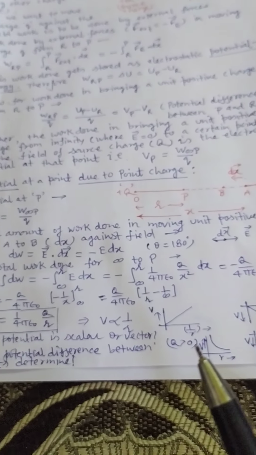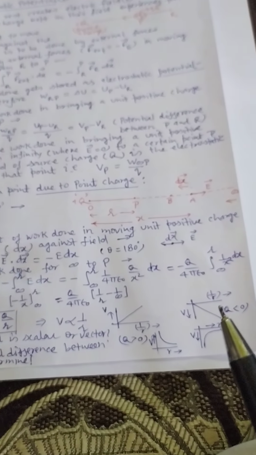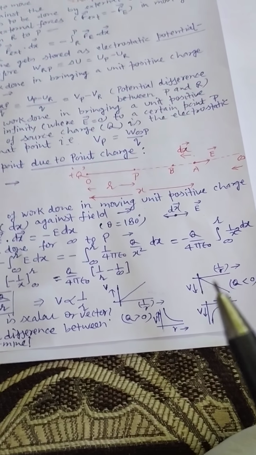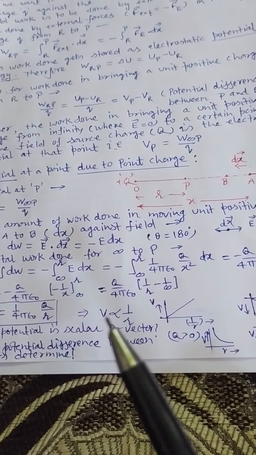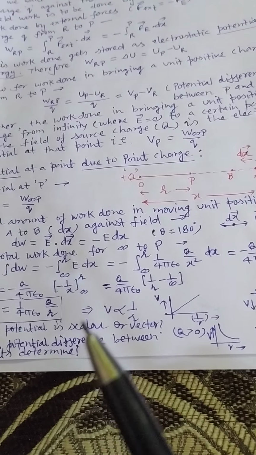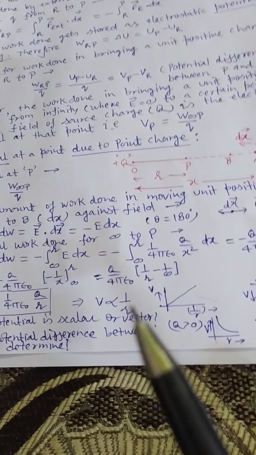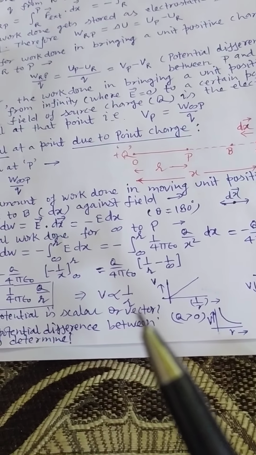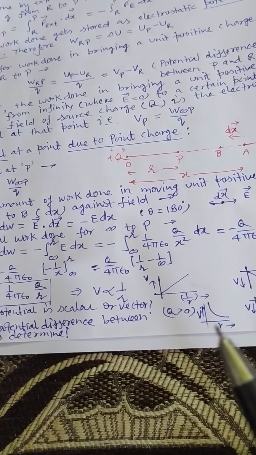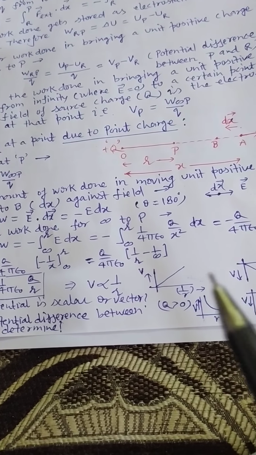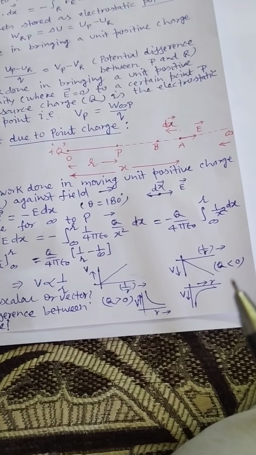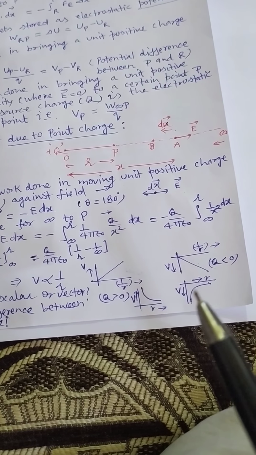And for Q less than 0, the graph will be of the same nature but in this quadrant. Also V is inversely proportional to r, so the graph will be this way. When r is closer, V will be greater. And for the negative charge, that is Q less than 0, the V versus r graph will be this way.